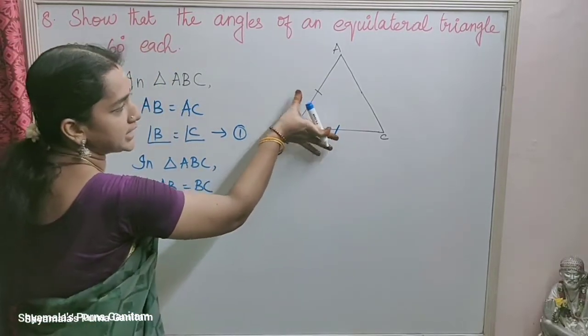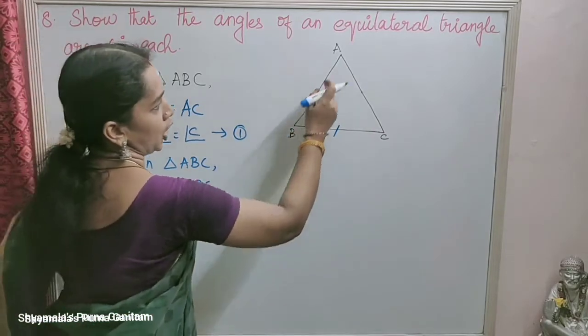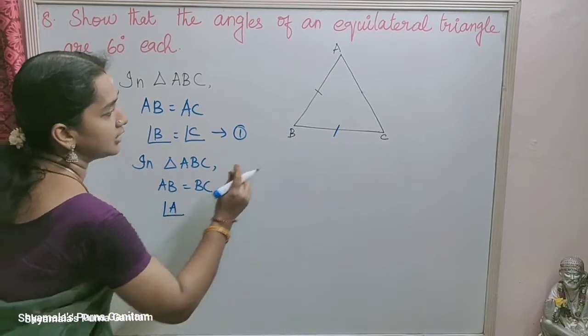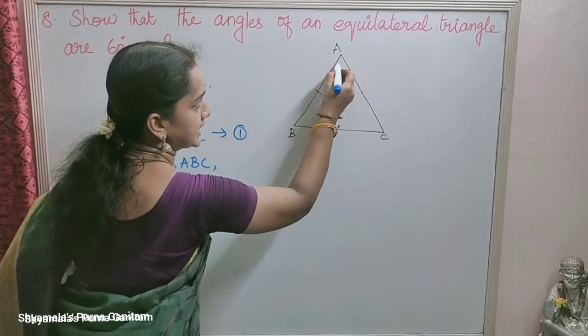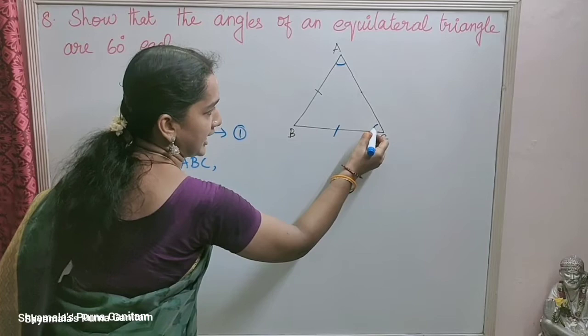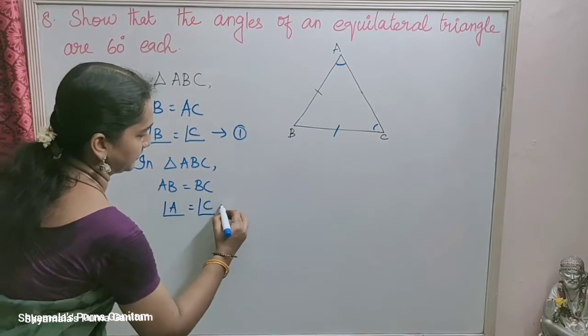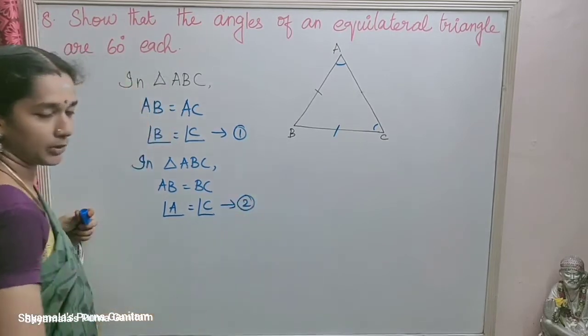If we take these two sides as equal, the opposite base angles will be equal. For these two equal sides, the equal angles are A and C. So angle A is equal to angle C. So this is the second equation.